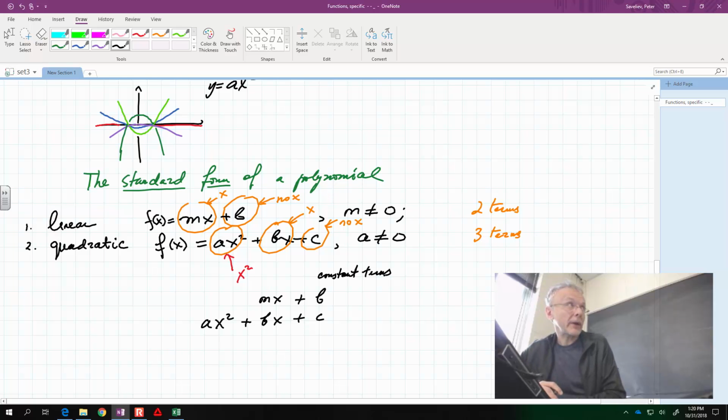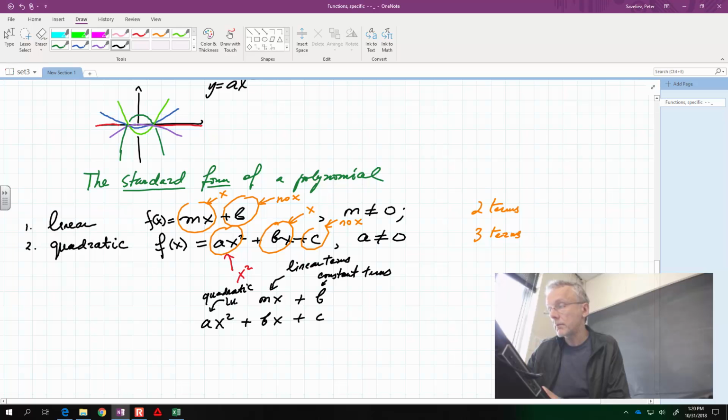Every polynomial has one, even though it could be 0. Constant meaning they don't depend on x. These terms are called linear terms. And naturally, this is called the quadratic term.